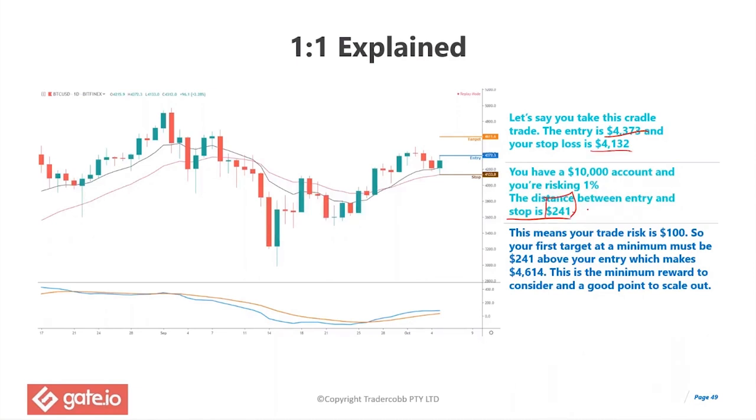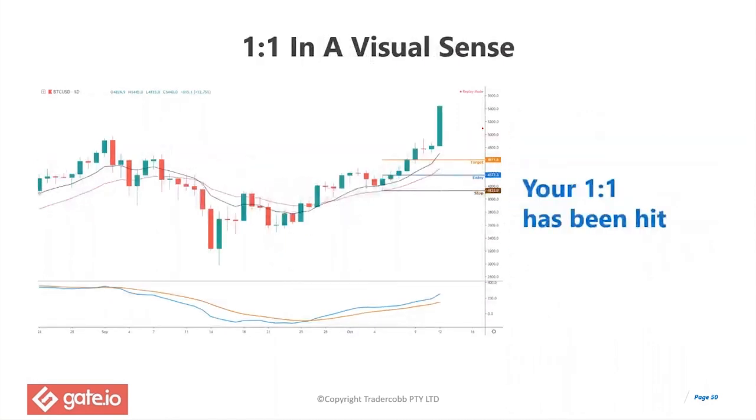We add this number, our risk, to our entry, and that number is 4,614. This is how it looks as a visual. Price does that, and we've now got a risk-free trade. Up here, we still have all that profit available. Now, as price does this, we move our stop loss from where it was to where it needs to be.